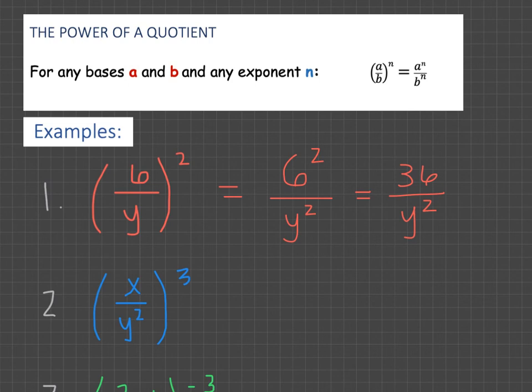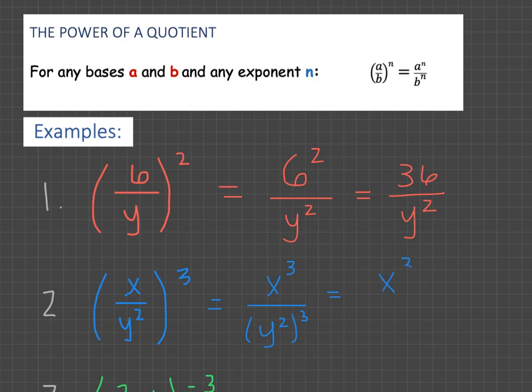Let's look at the next one. We're going to bring that 3 as an exponent and apply it to the numerator, so we get x cubed, and apply it to the denominator. Y squared, all right, y already has an exponent, so we want to think of that as in parentheses, but then on the outside of the parentheses, apply that exponent of 3.